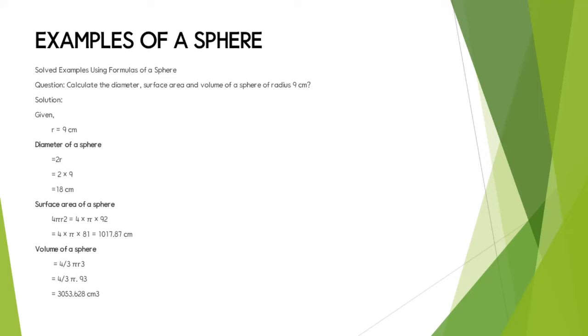So we've come up to an answer of 4 times pi times 81 is equal to 1017.87 cm squared. And for the last, we're going to get the volume of a sphere. The formula is 4 over 3 pi r cube. So we will transpose this: 4 over 3 pi times 9 cubed. So we've come up with an answer of 3053.628 cm cube.